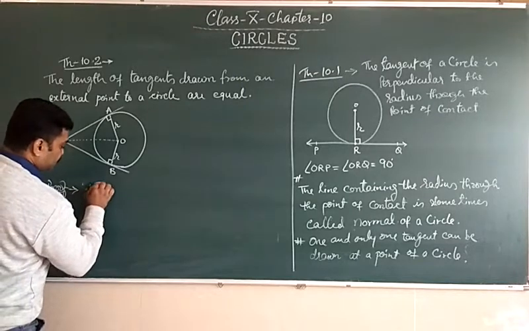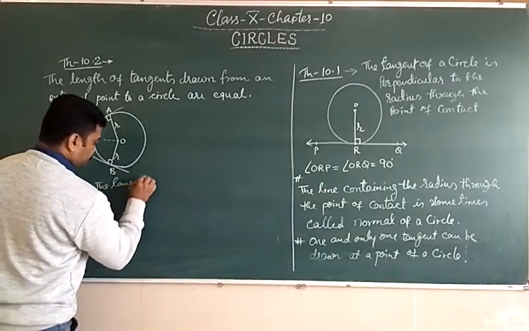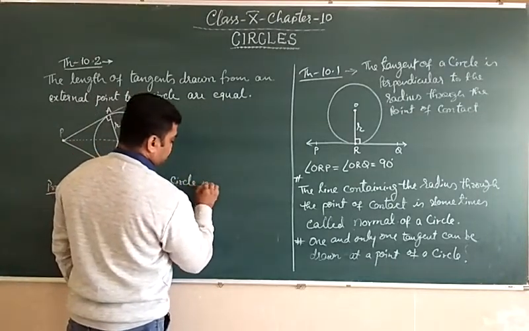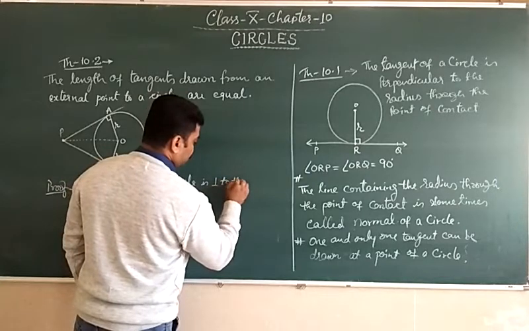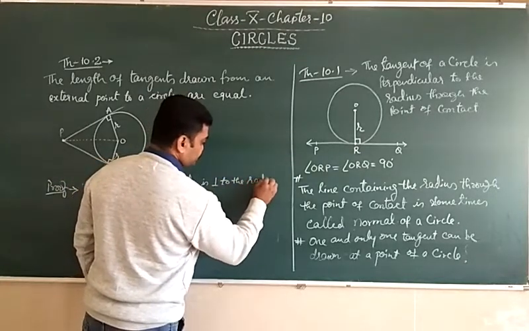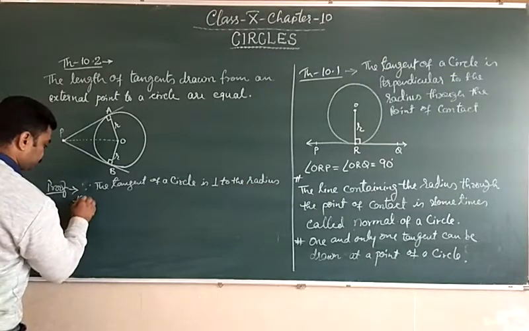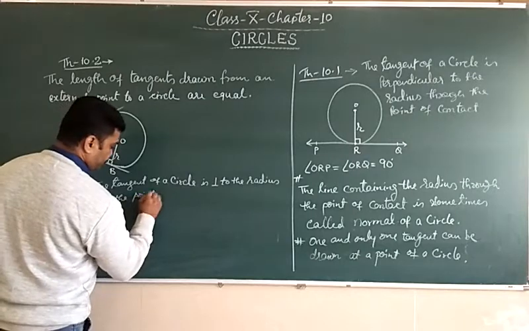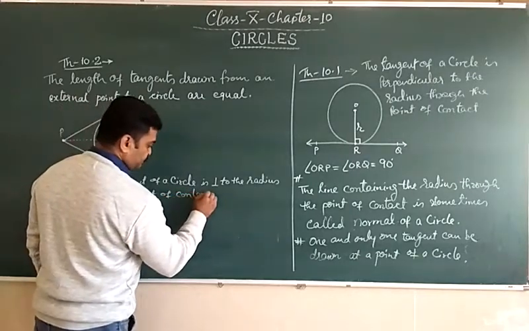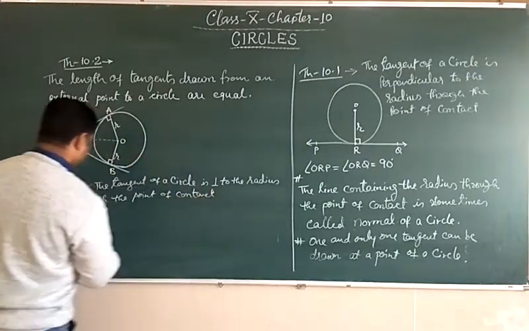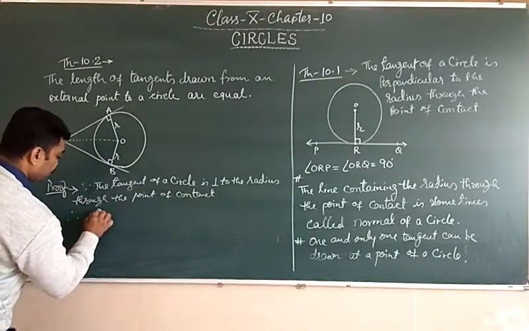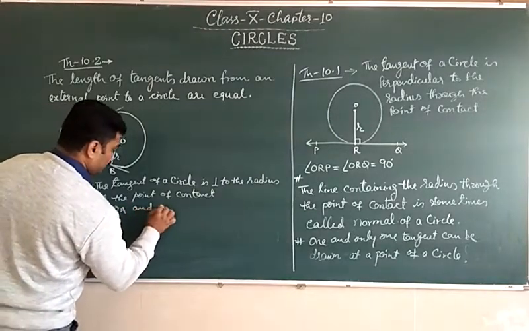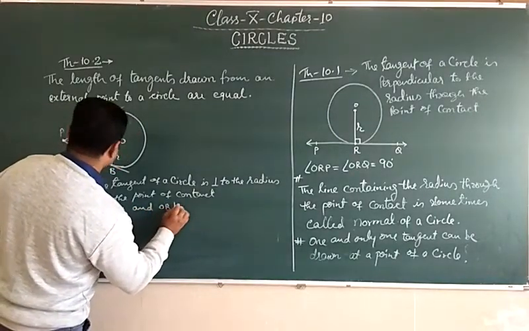Since the tangent of a circle is perpendicular to the radius through the point of contact, therefore OA is perpendicular to PA and OB is perpendicular to PB.